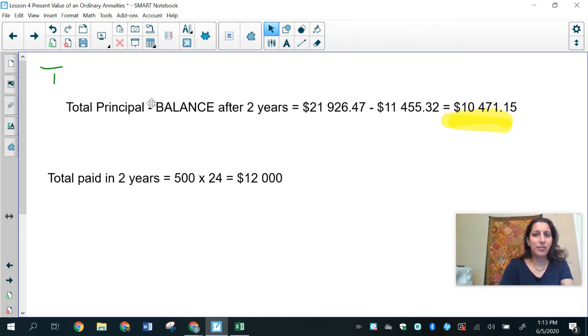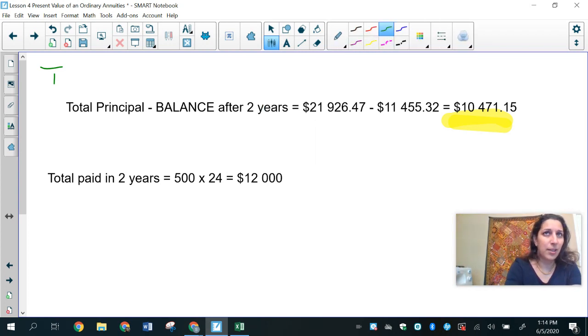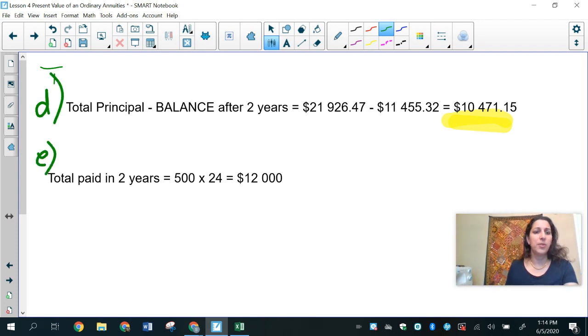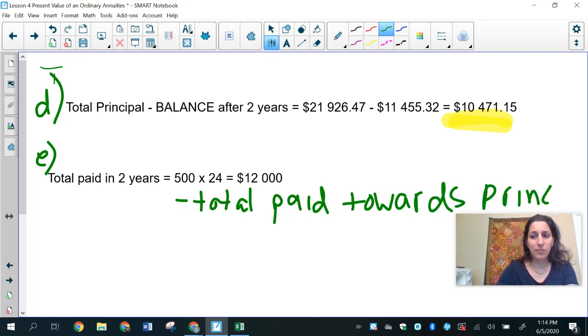Technically, this was the amount she paid, answering D, and now we're answering E. The total she paid in 2 years was 12,000, and you're going to subtract the total paid towards the principal, which in this case is 10,000.